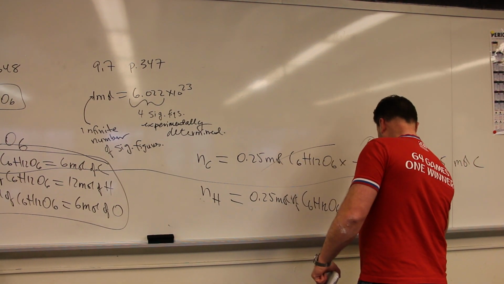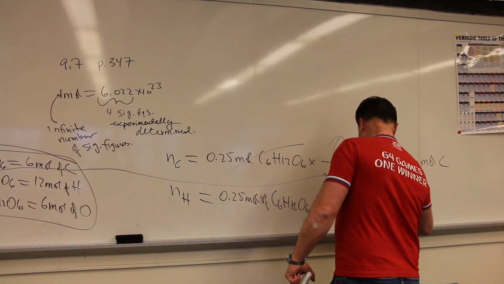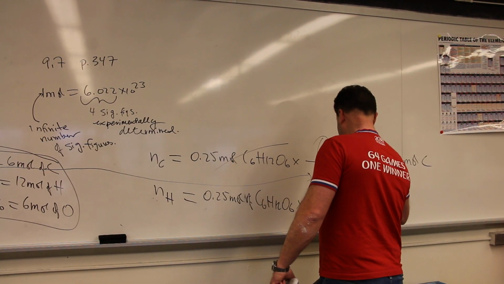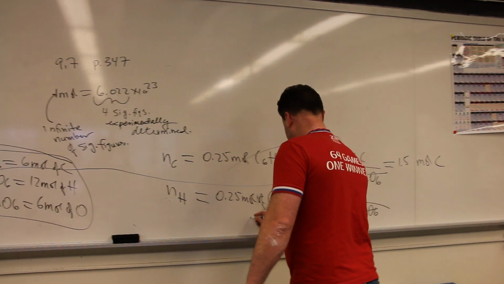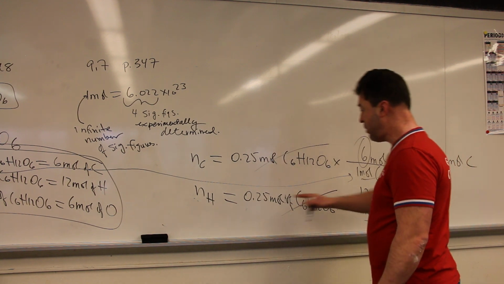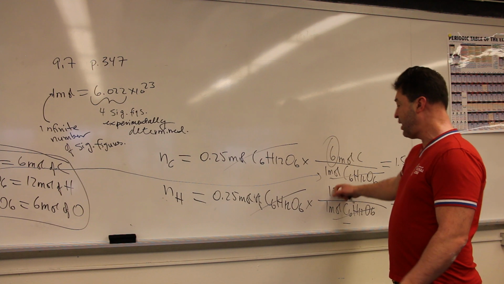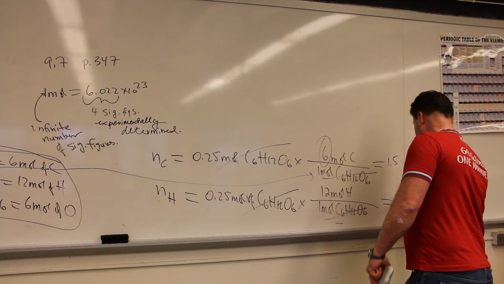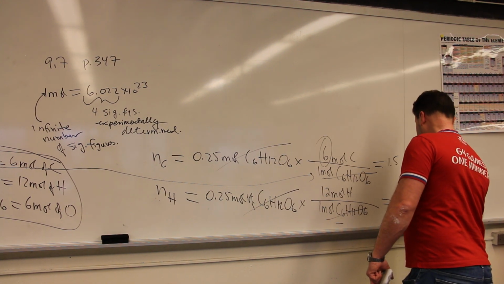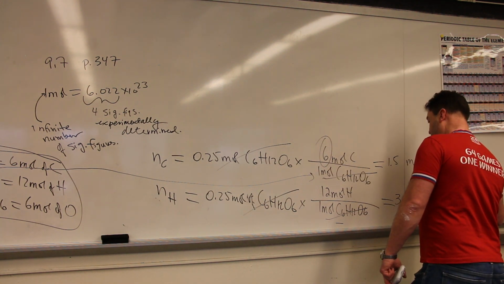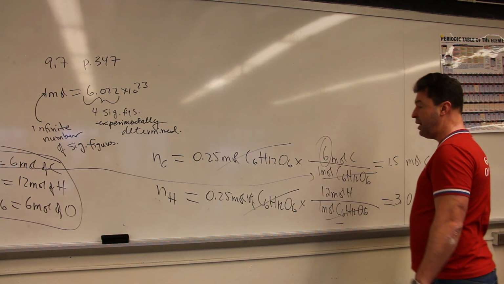So I'm going to put 1 mole of C6H12O6, which contains 12 moles of hydrogen, and the units cancel. All I have to do now is take this number and multiply by this number; it's a quarter of this number. 12 divided by 4 is what? 3. And I have to put 0 here because of 2 significant figures: 3.0 moles of hydrogen atoms.